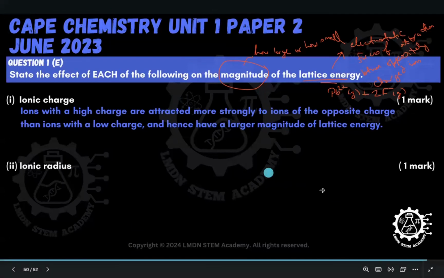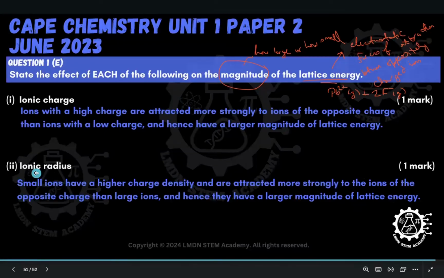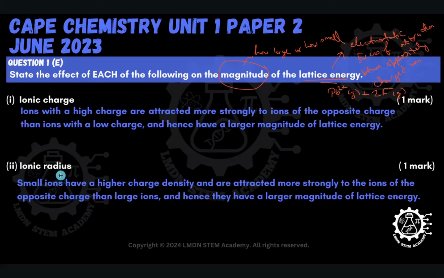Well, it turns out that if we have small ions, you can imagine that the charge is more condensed, or more densely populated on that small ion. So let's just draw a picture to orient ourselves. If we have a small ion like that, then we have a big old ion like this, from an ionic radius standpoint, this one is larger, so the charge is more spread out, right?